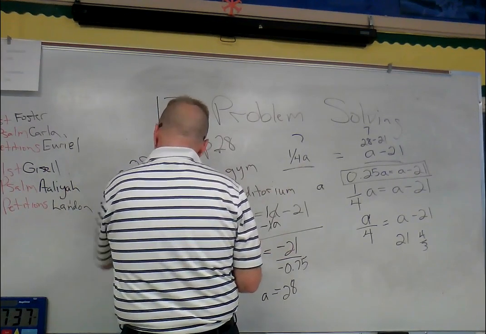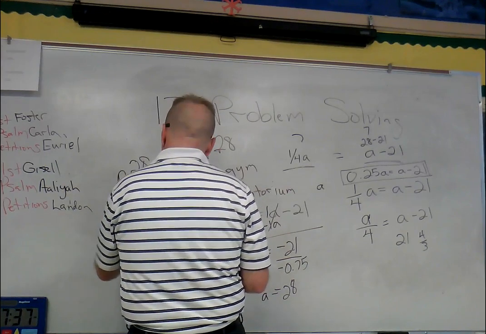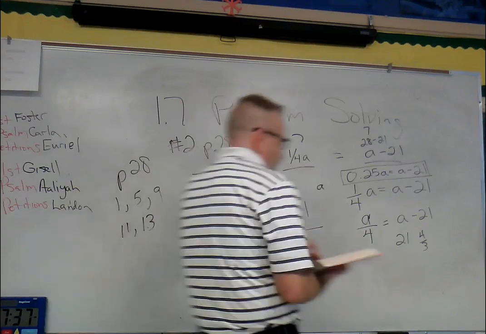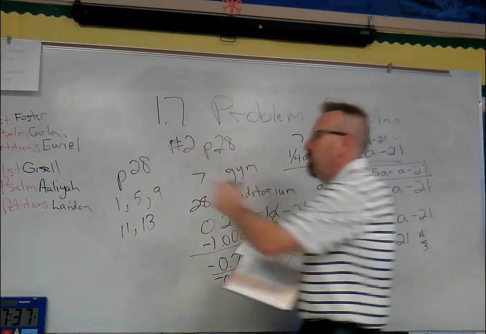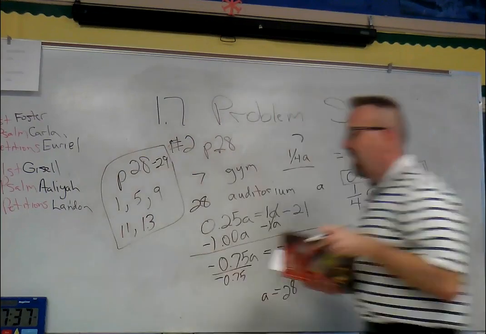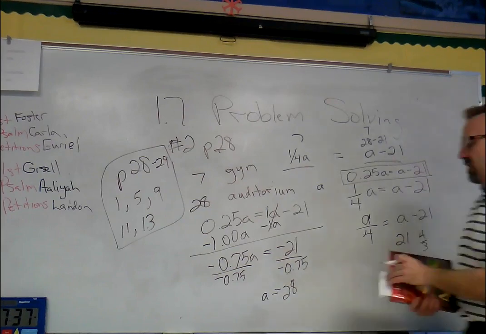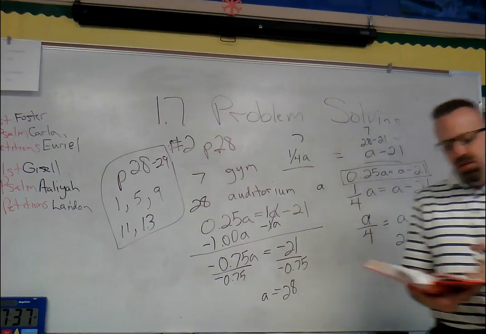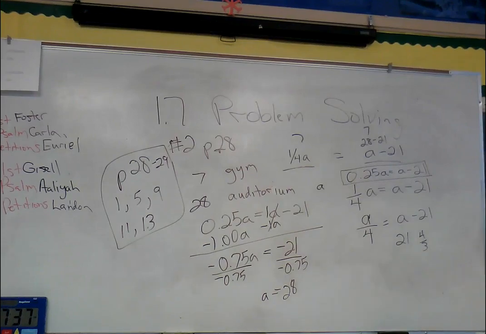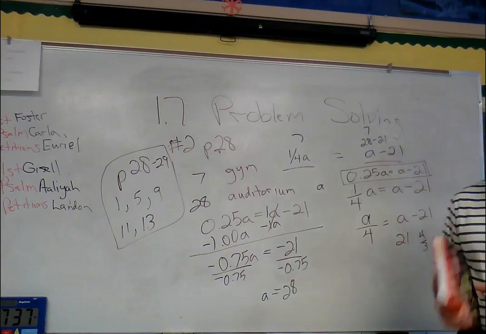So we're going to do 5 questions on pages 28 and 29: 1, 5, 9, 11, 13. Try to do it without using the answer choices they give you. Try to do it the way we did here. Set it up and then solve. Okay. Challenge you a little bit.